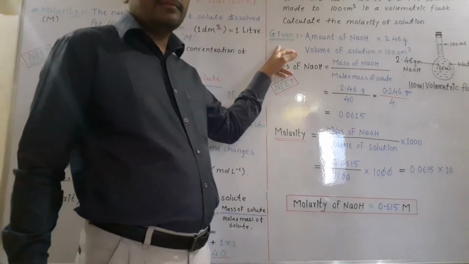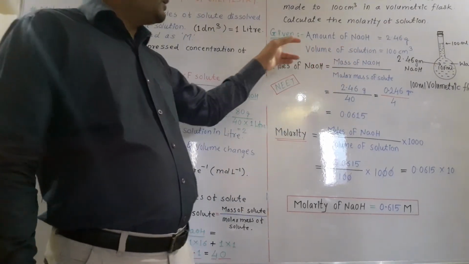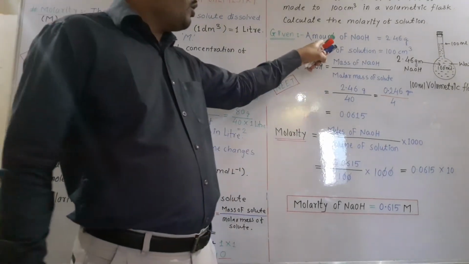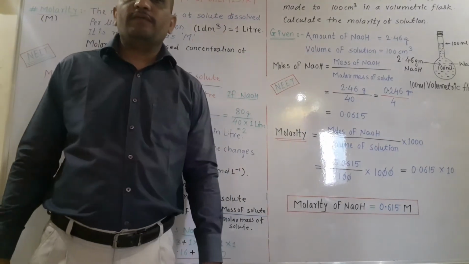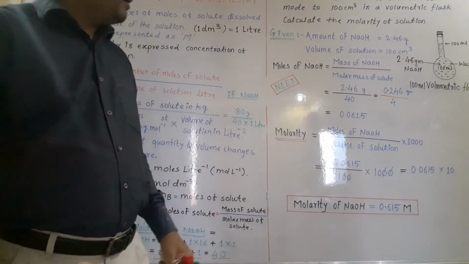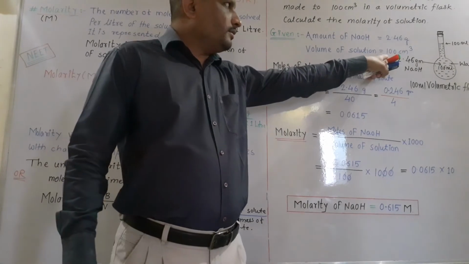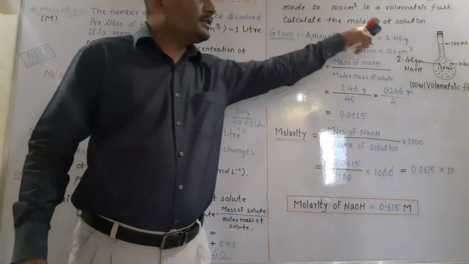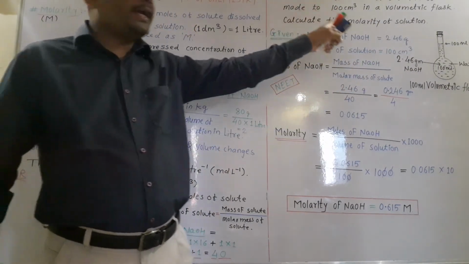Now here are the given quantities. The amount of NaOH is 2.46 gram. Volume of solution is 100 centimeter cube, and this quantity is made in a volumetric flask.